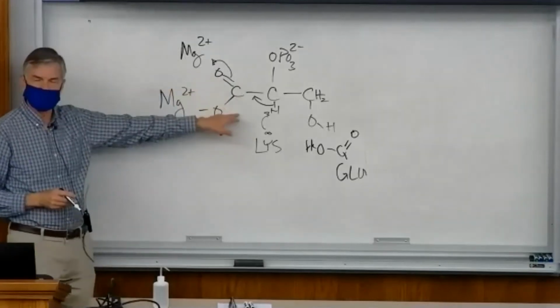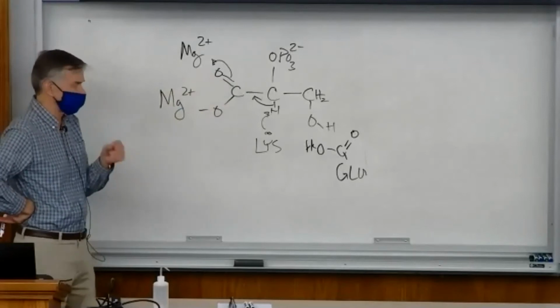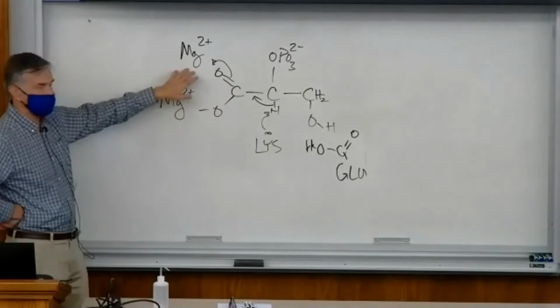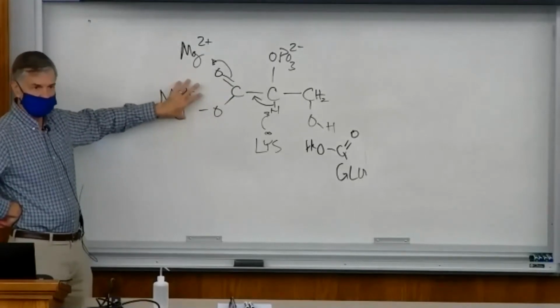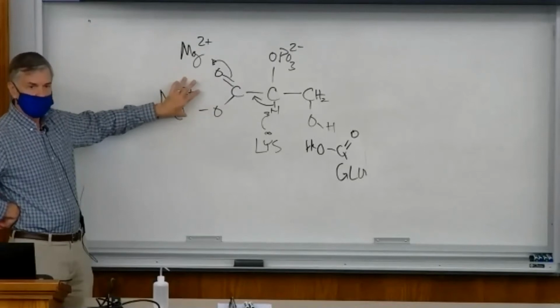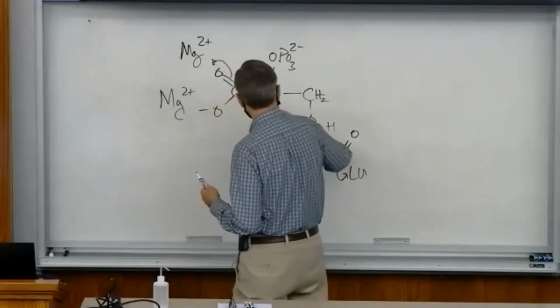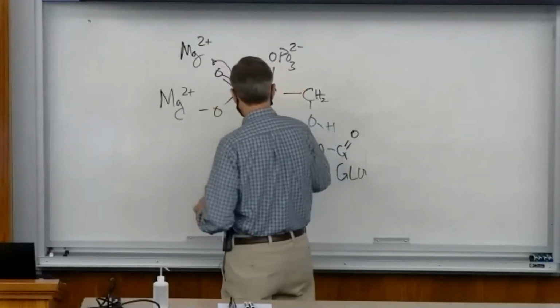Notice now we have this carbon with two oxygens, both negatively charged, a very unstable, a very unlikely situation, except that we have these positively charged magnesiums to help stabilize this very reactive intermediate. So after this step, we end up with this.